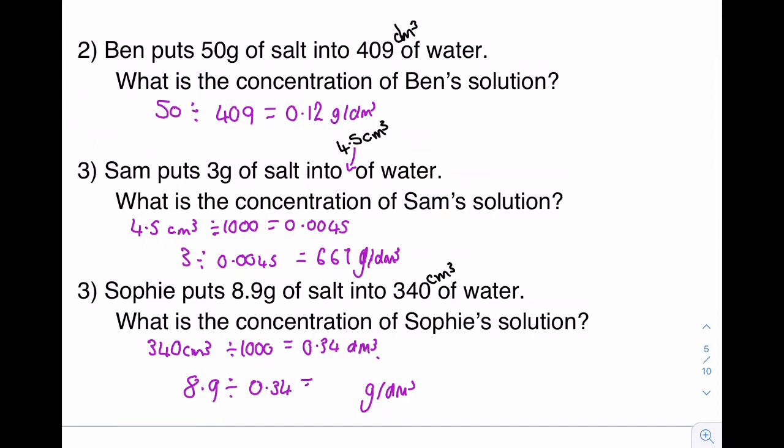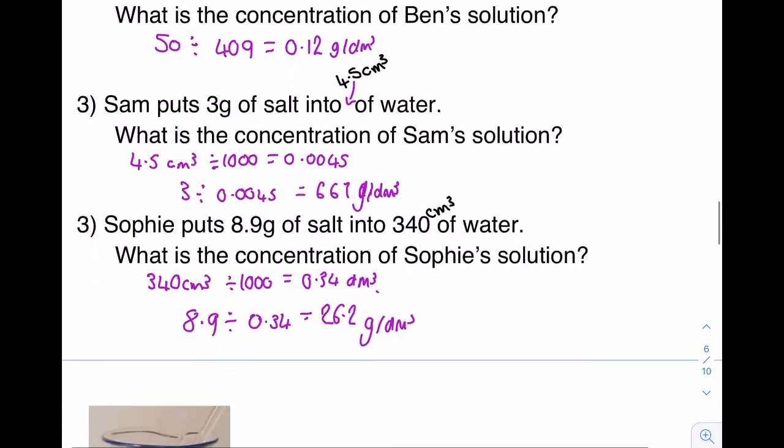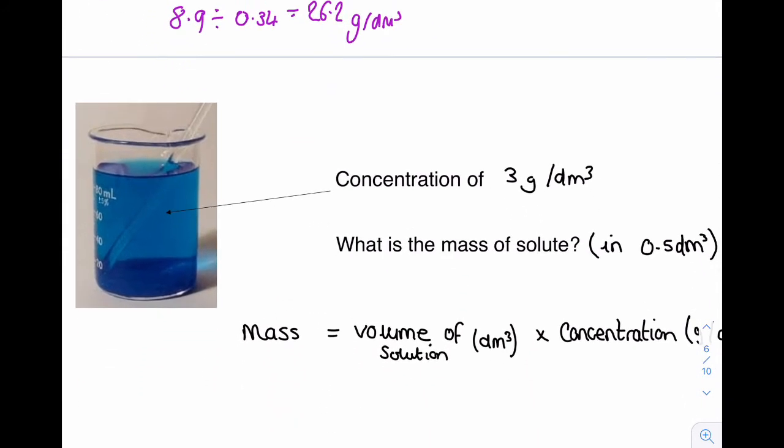Give me a second. 8.9 divided by 0.34 will give you 26.2 grams per decimetre cubed. So just mark those answers, check you've got them right, and we're going to move on to the last type of question you might be asked.